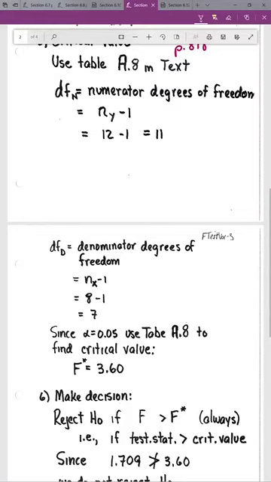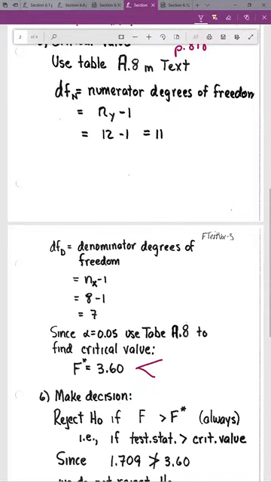So degrees of freedom for our numerator is 11. And our degrees of freedom for our denominator is 7. And so we don't have 3.60 exactly.